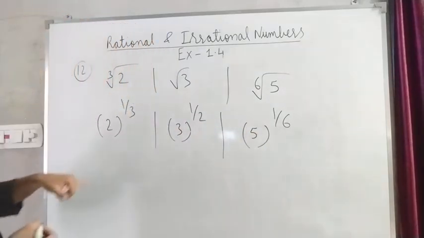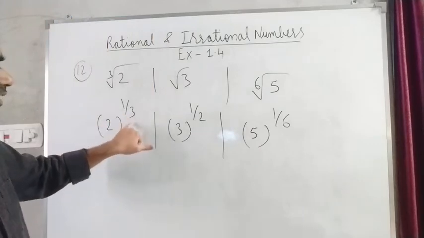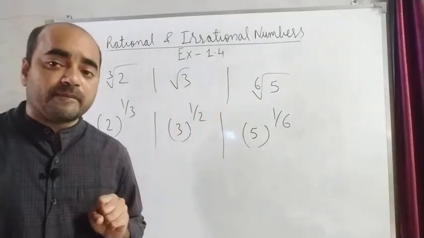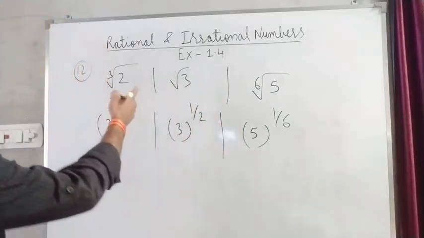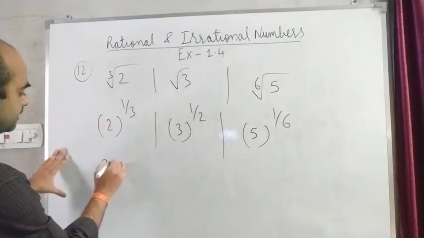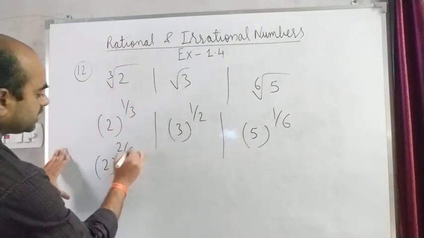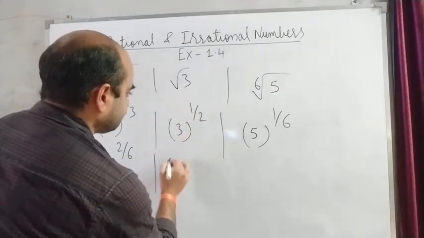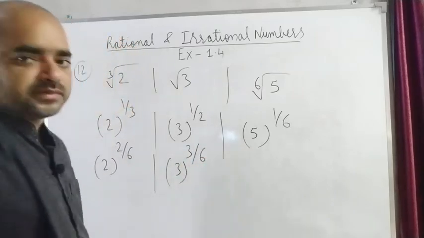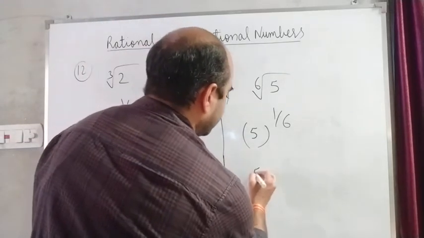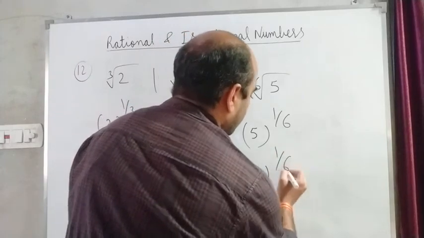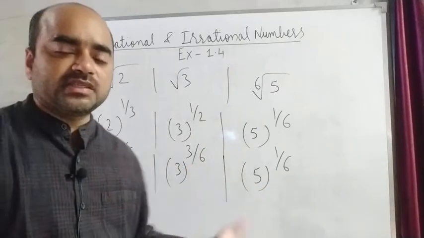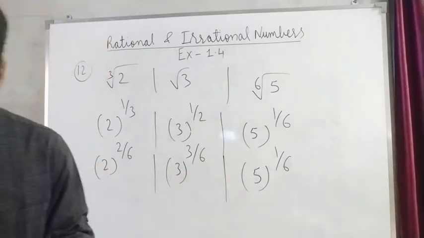So we have to write the numbers with index 1 by 6 throughout. We can write this as 2 by 6, correct? Any problem? This can be written as 3 by 6, correct? Next one is already 1 by 6. Clear? Now order is same everywhere.